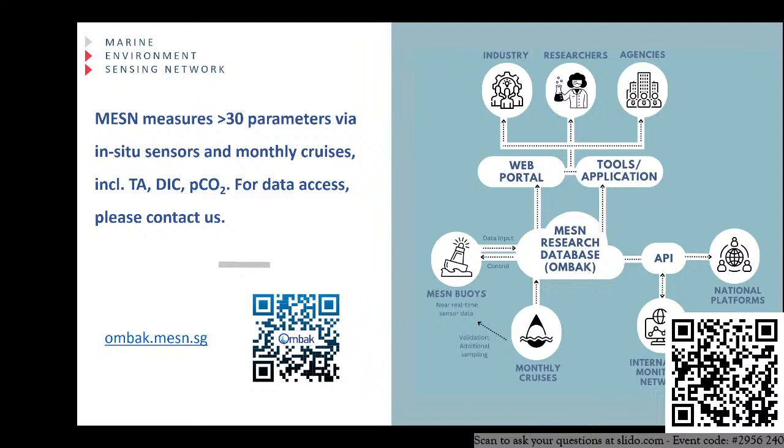I'd like to ask about the spatial resolution. To what extent can we expect different values of the carbonate system within a given space? Let's say within a 1 kilometer square, within 1 meter square, or within 1 millimeter square.